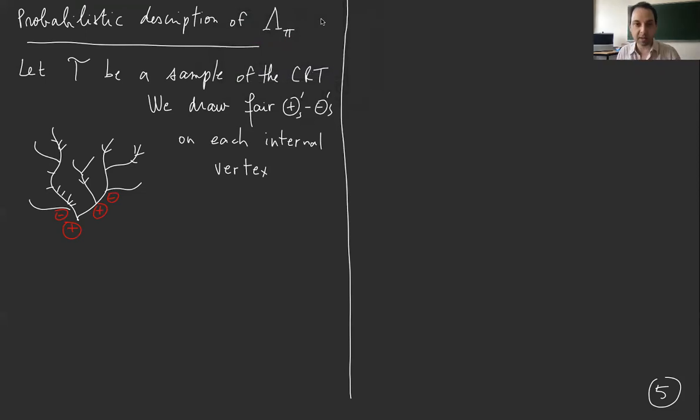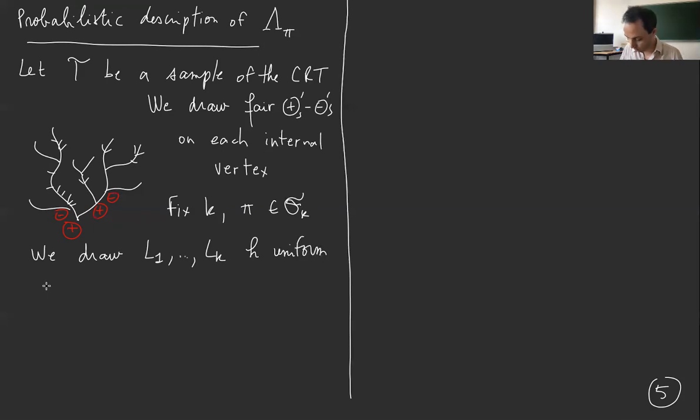And now I do the same as in the discrete case. If pi is of size k, we fix k, we fix pi, and we draw k leaves uniformly at random in the tree. So let's say L1, L2, L3.